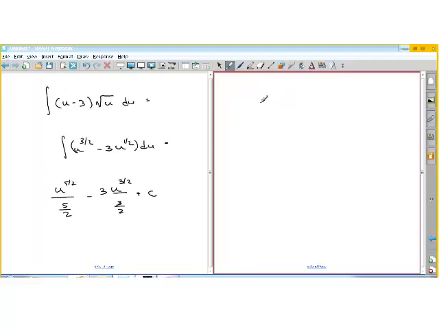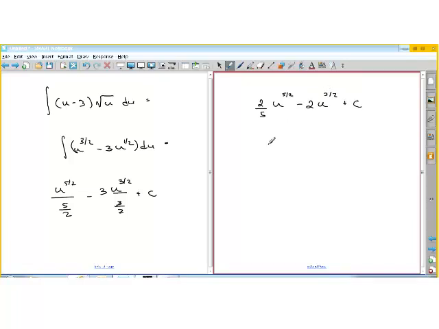Okay, take the reciprocal, so you get 2/5 u to the 5 halves minus, okay, so you take the reciprocal, you get 2/3. 3 times 2/3 is 2, so we just have 2 u to the 3 halves plus c.